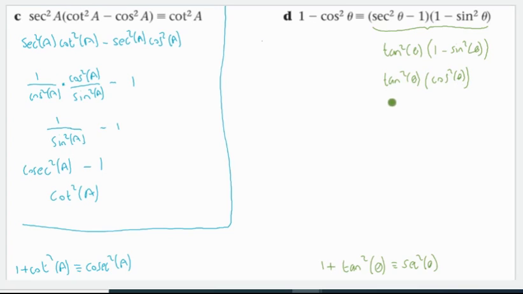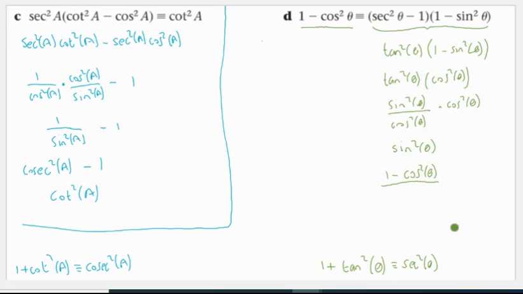And tan squared theta is sine squared theta over cos squared theta, multiplied by cos squared theta. This simplifies to sine squared theta, but sine squared theta is the same thing as 1 minus cos squared theta, using the identity sine squared theta plus cos squared theta is 1. And I've gotten myself over to the left-hand side.